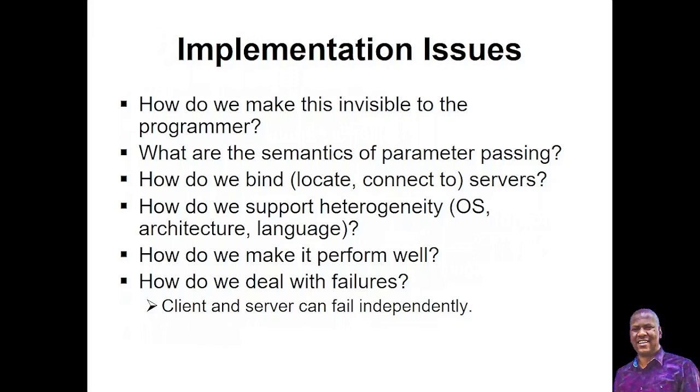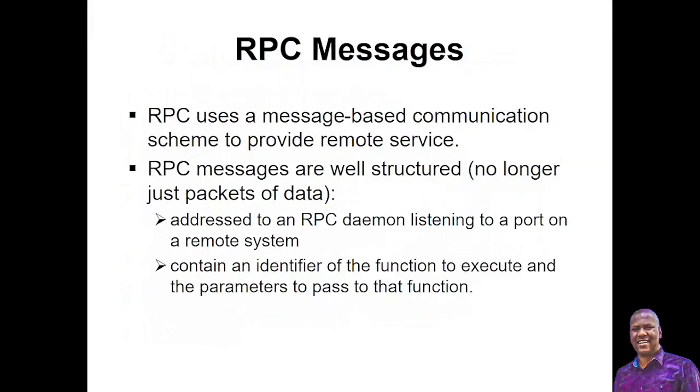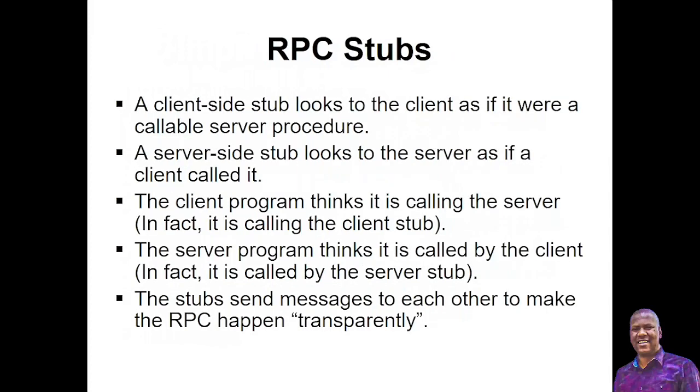And so on. How do we deal with failures during the stub communications? RPCs communicate through messages, and it's very important that we employ both asynchronous and synchronous ways of communication between the two communicating processes.